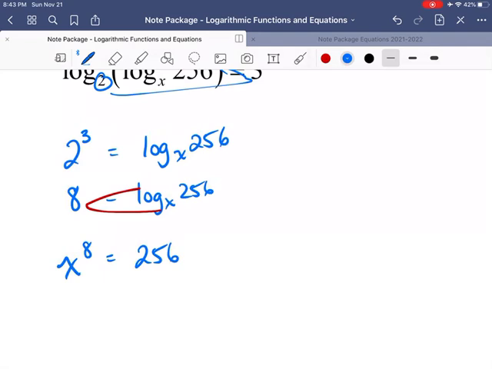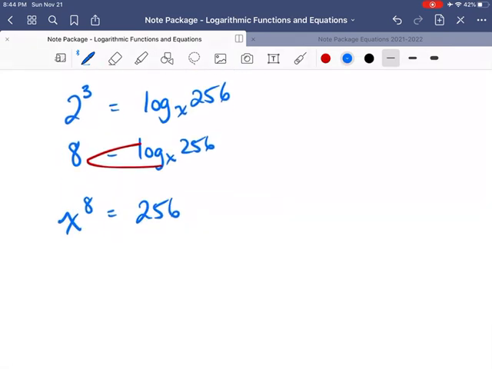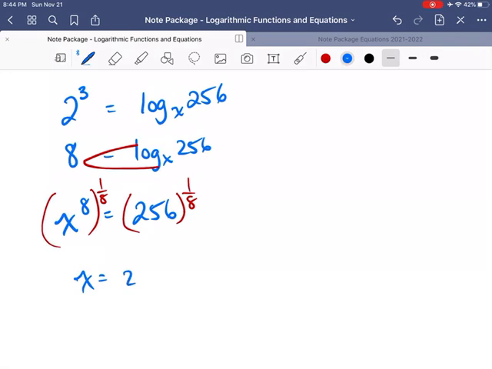And this would be a common base question, I suppose. You could see what multiplies to get 256 8 times, and it turns out it's 2. The other way to solve this is to take each thing to the 1/8, and you'll get x equals 2. Just evaluate that on your calculator.